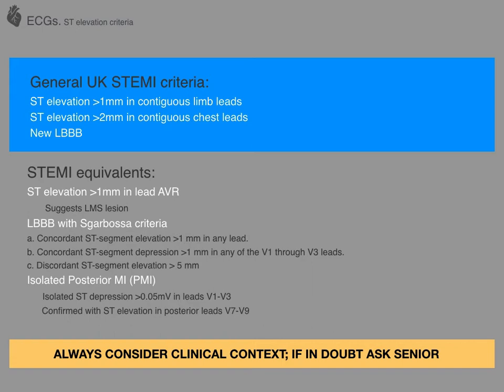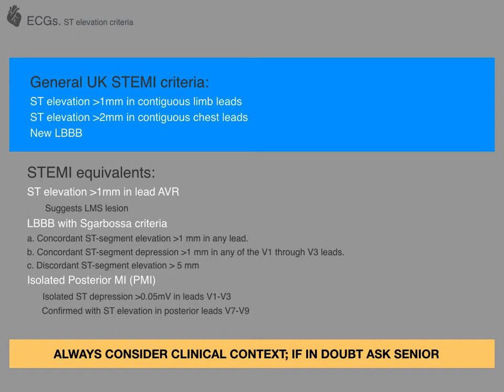It's unlikely that a patient will be accepted for primary PCI simply based on an ECG finding if they do not have the chest pain and the history that gives the clinical context to that ECG. Somebody who is pain-free, who happens to have ST elevation on an ECG, but that ECG has been performed for entirely different reasons, is not really the same as someone who presents with central crushing acute onset chest pain.